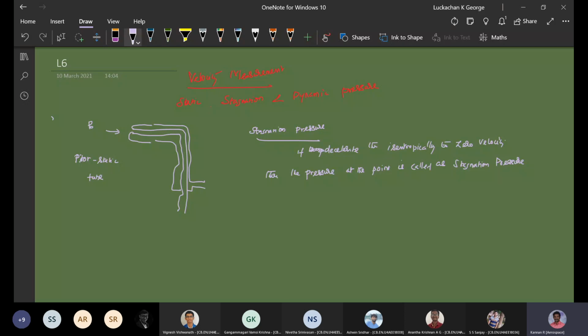Normally, if you take the overall diameter of the tube as D, this is the horizontal stem and this is the vertical stem.